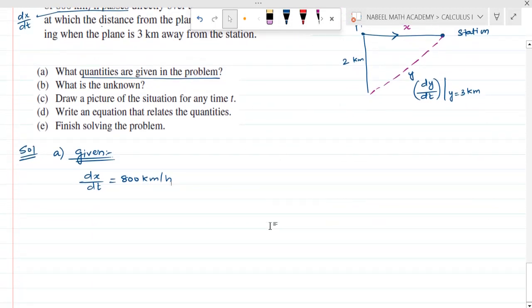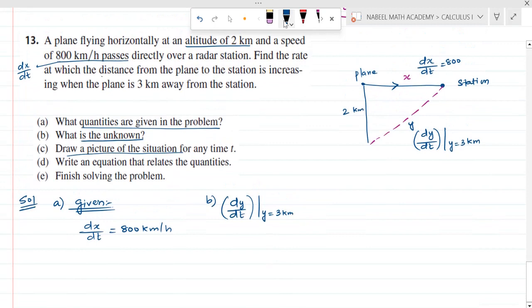Now what about the unknown? What is asked is dy over dt, when y is equal to 3 kilometers. Draw the picture of the situation. This is going to be my c. You have to draw it first and relate the equation of the quantities.